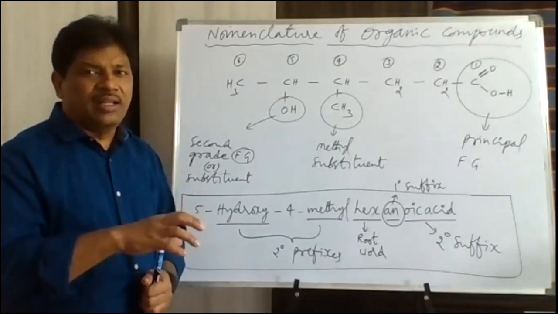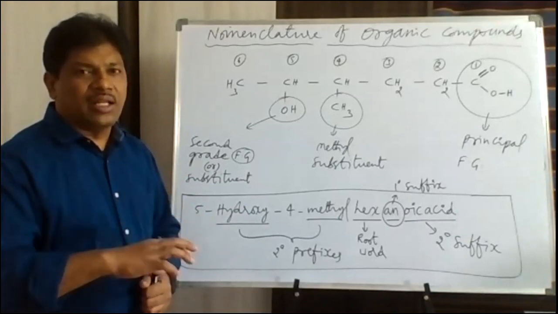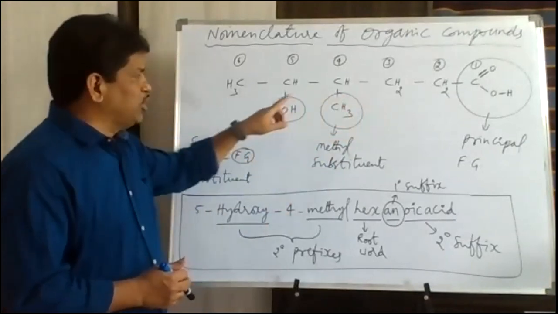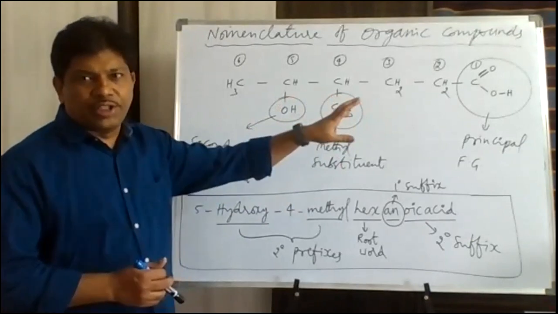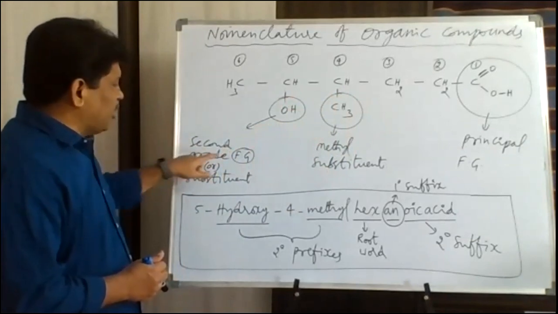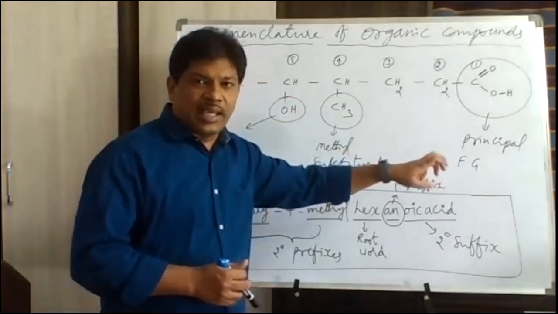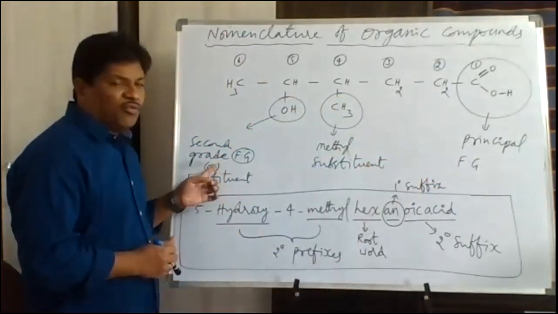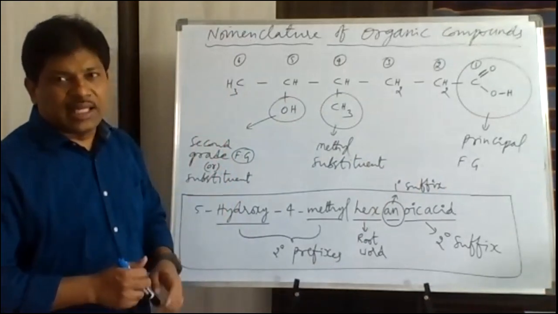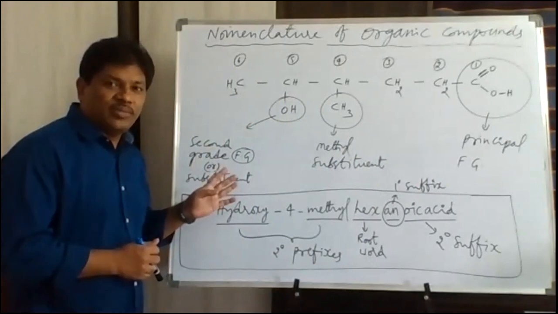For the time being, remember that whenever COOH and OH groups are both present, the COOH functional group will act as the principal group, and the OH group as the second grade functional group or substituent. The name of the principal functional group is given by the secondary suffix, and the name of the second grade functional group is given as the secondary prefix. Secondary prefix gives the name of the substituent or second grade functional group. That point keep in mind.